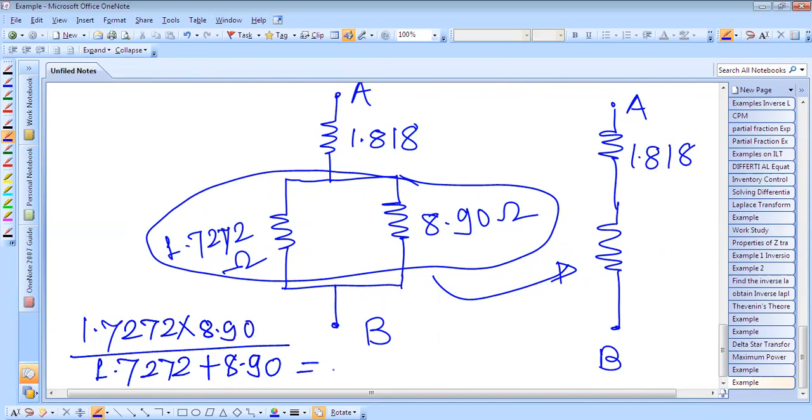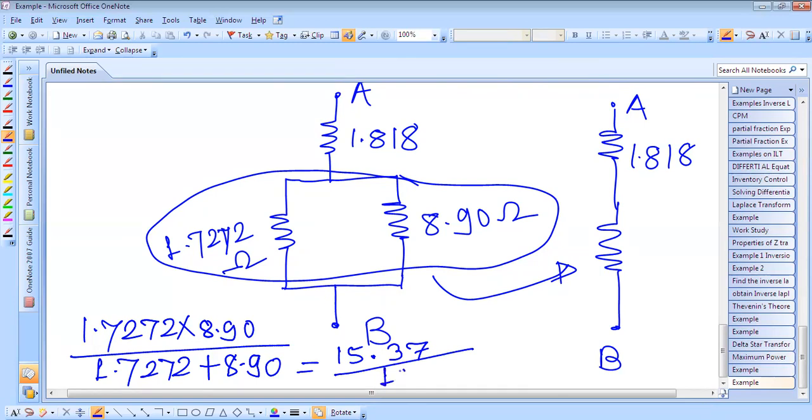This value is coming equal to 15.37 divided by 1.7272 plus 8.90.